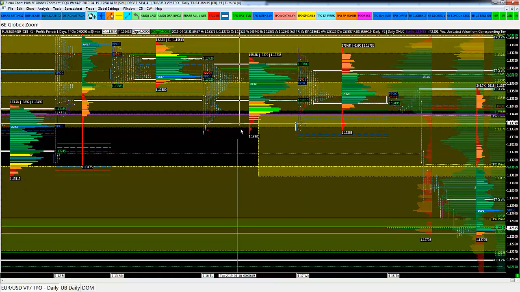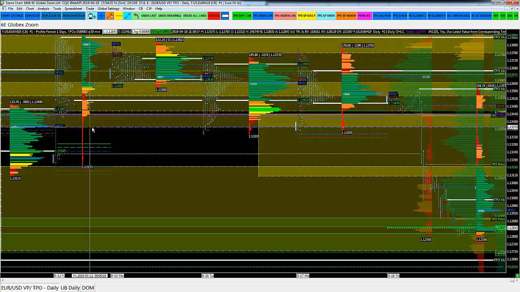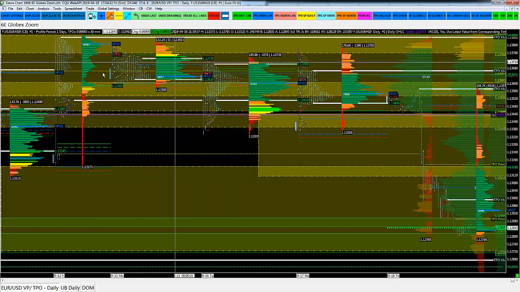Then I have another low volume node on the day before that, so that reinforces this area, and this is covering pretty much overlapping here. That's the day even before that.